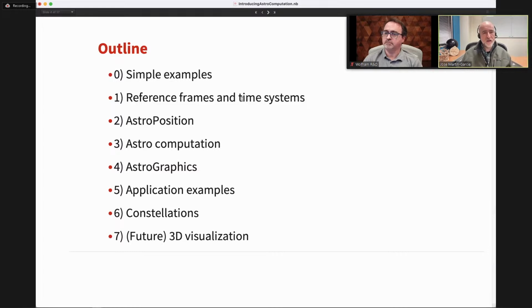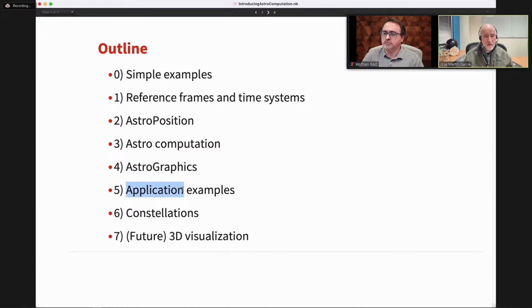This talk is going to proceed as follows. We have seen some very simple examples just to show the type of thing you will see. I'm going to explain how we use reference frames and time systems. These are very important to get precise results. We will have a deeper look at AstroPosition. We will see other functions to do Astro Computation. We will then see AstroGraphics, how to produce more maps of the sky.